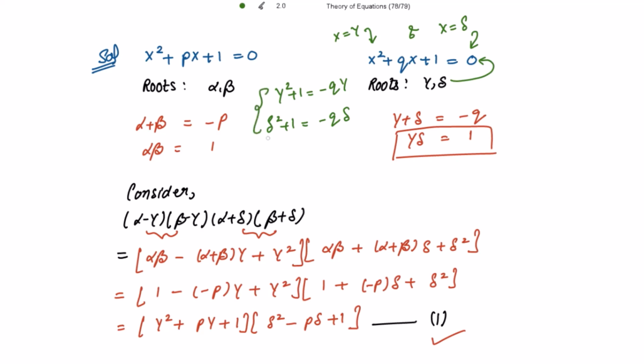Now I can use these two values in this first equation. From the first bracket, I am getting 1 plus gamma square plus p gamma. So I use the value 1 plus gamma square here, that is minus q gamma, right? And in the second bracket, I am getting 1 plus delta square minus p delta. So I use the second value, that is delta square plus 1 as minus q delta in this second bracket.